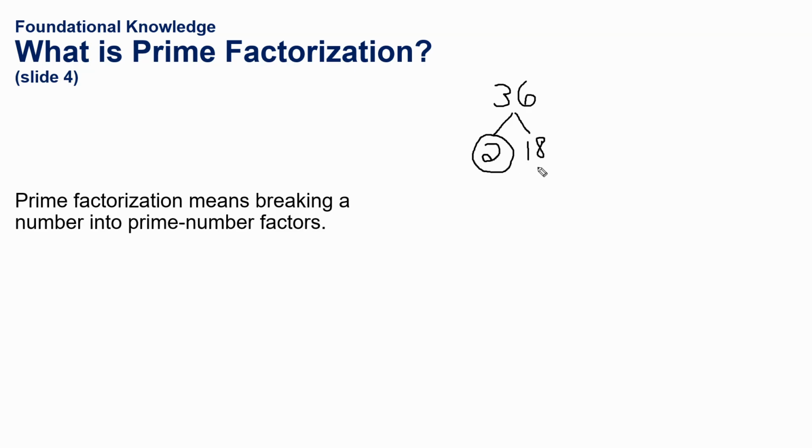And then 18 can be further broken down into 2 and 9. Again, circle 2, and then 9 can be broken down into 3 and 3 here. So the prime factorization of 36 would be 2 times 2 times 3 times 3.